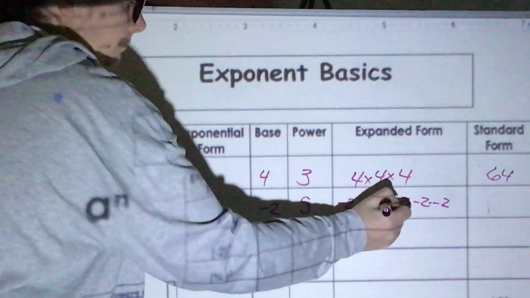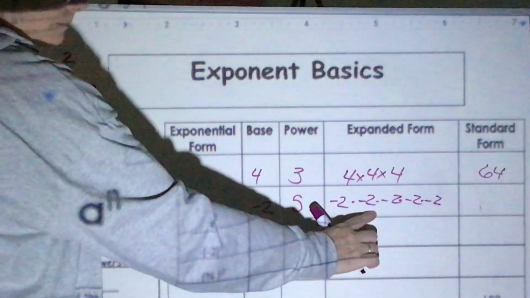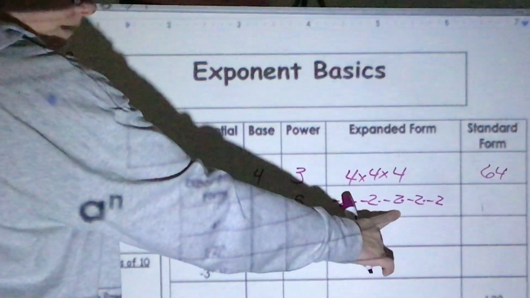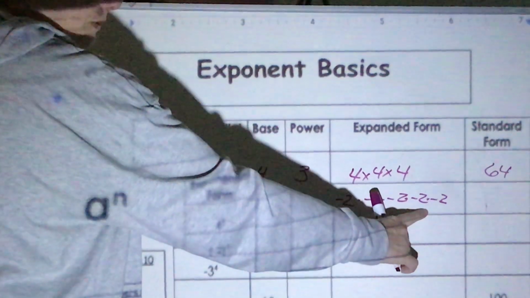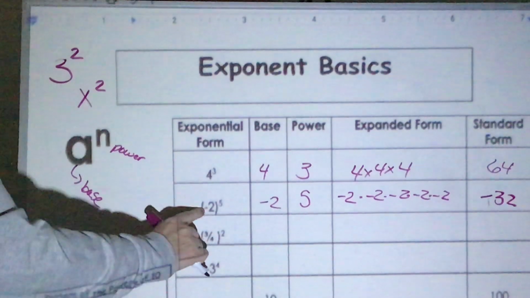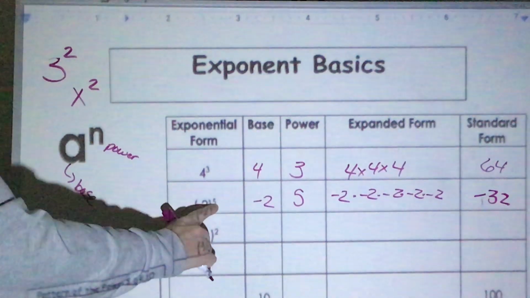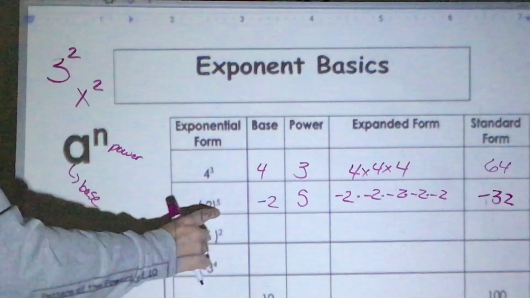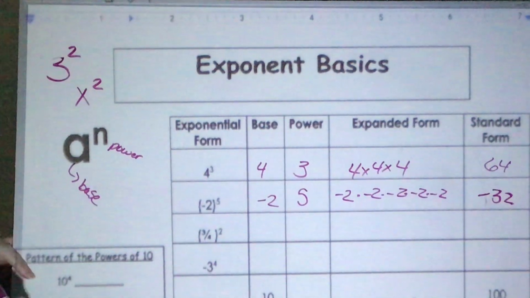So I'm going to do -2 times -2 and get 4. Times -2 is -8. Times -2 is 16. Times -2 is -32. I knew the answer was going to be negative because I have a negative number being multiplied 5 times. And that if you have an odd number, you're going to get a negative answer.